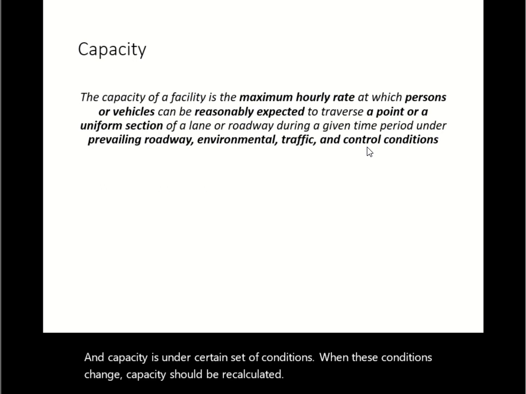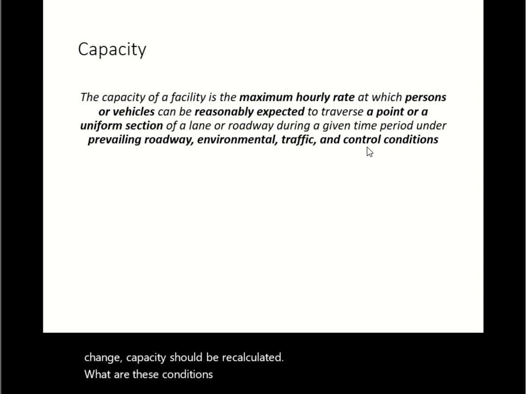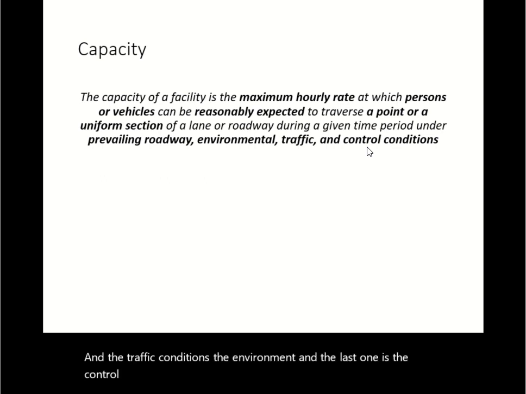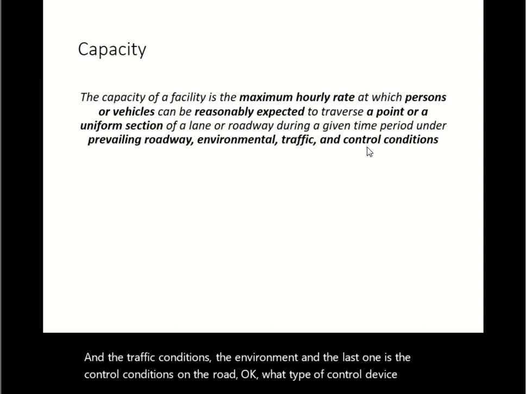What are these conditions which affect capacity? They are the design of the road, the traffic conditions, the environment, and the last one is the control conditions on the road, meaning what type of control device we are using.